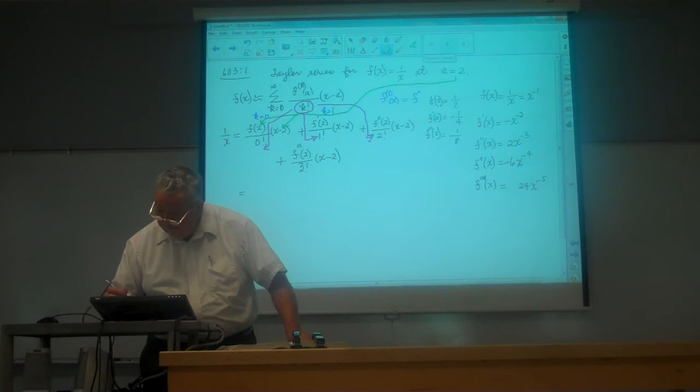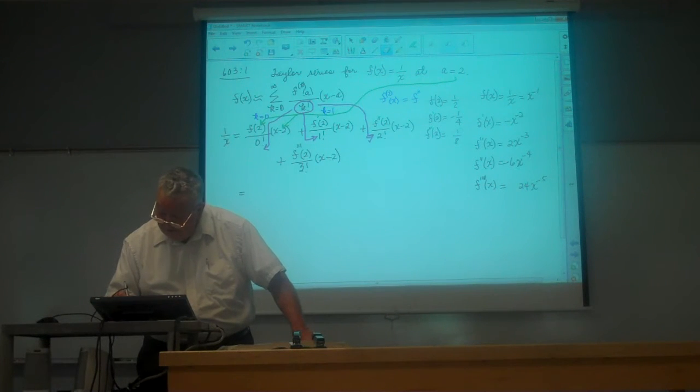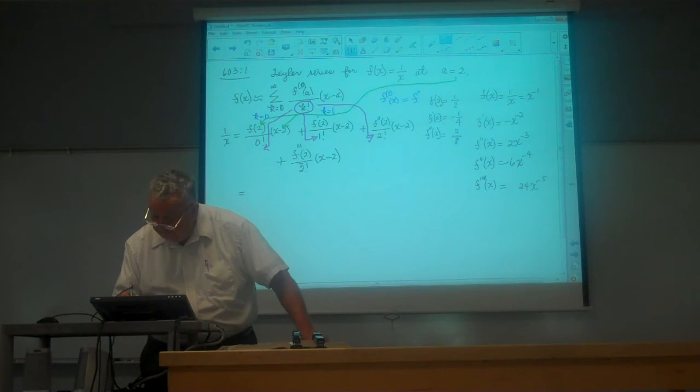Plus 1/8? Y'all tell me when, I'm going to guess a while and y'all tell me. F double prime of 2 is 2/8. I was looking at the wrong line. 2/8, how about that?